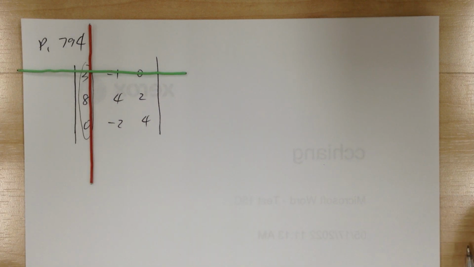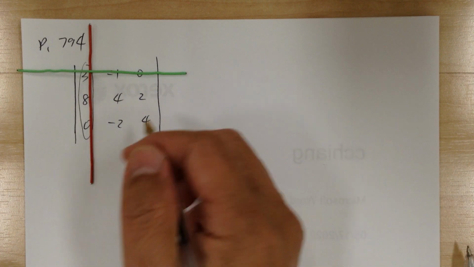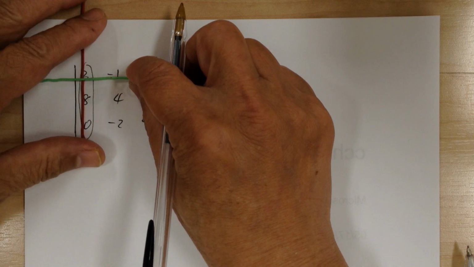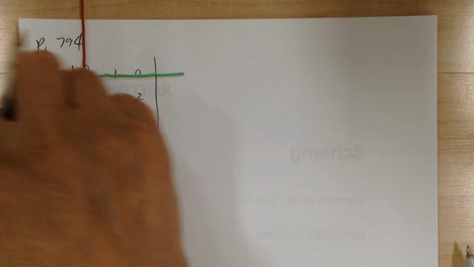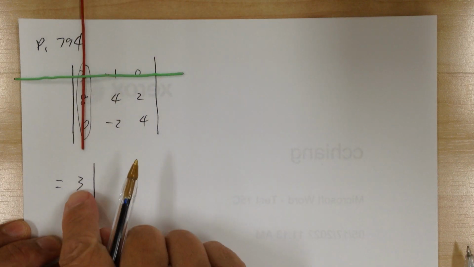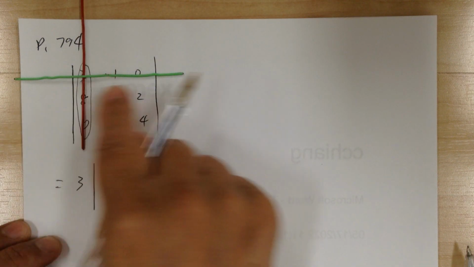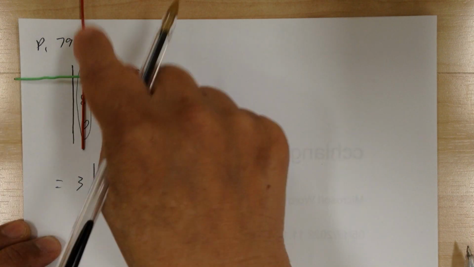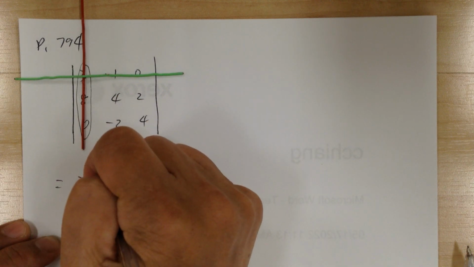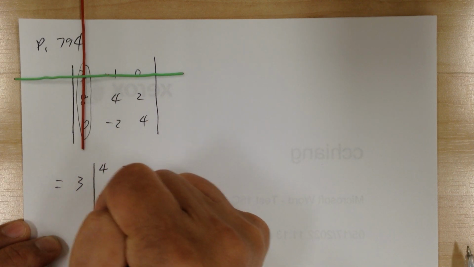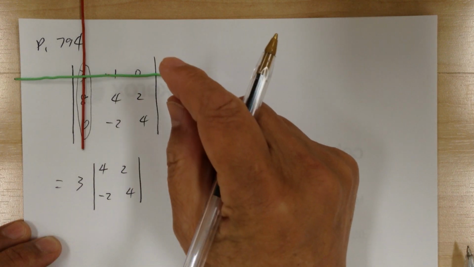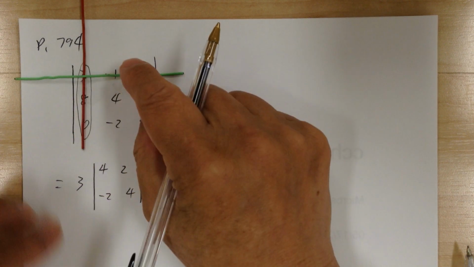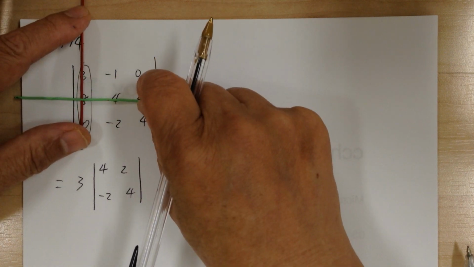So this will equal 3 times, okay? Again, you cross. Whatever is on the crosshair is what goes in the front, and whatever is not on the line goes in here. So it becomes 4, 2, -2, 4. Remember, you're going to expand the first column, so you do the first number, then you go to the second number.